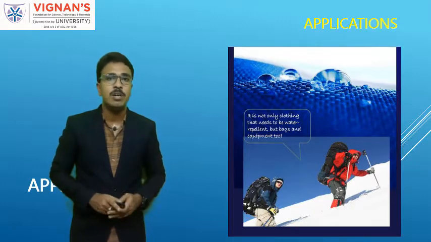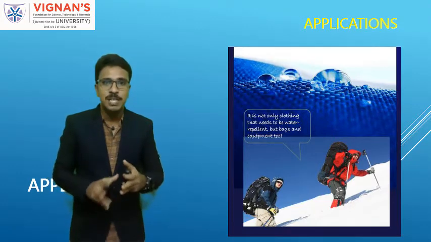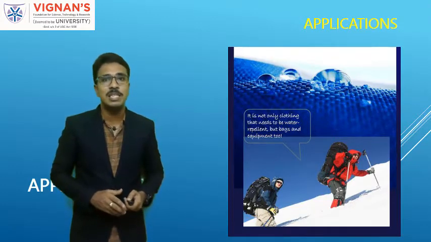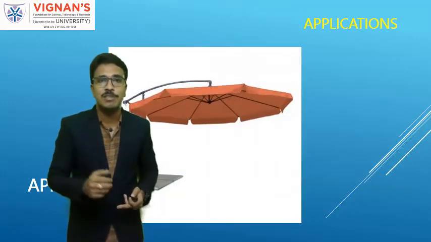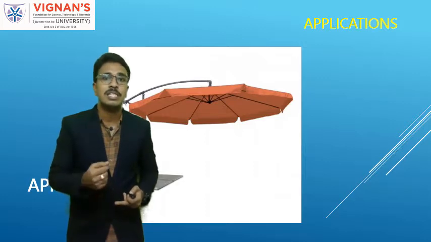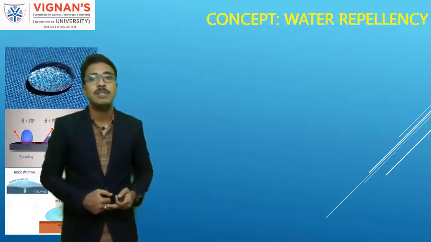Okay, so this is the brief introduction about water repellency finishes. Now you can see here, there is also a kind of cloth which has been given these water repellent finishes.